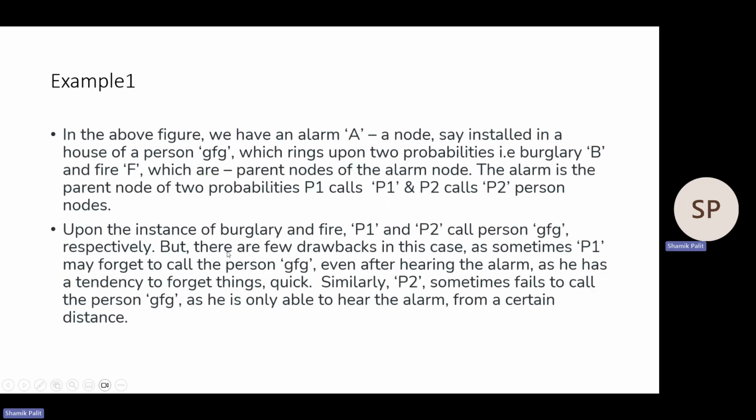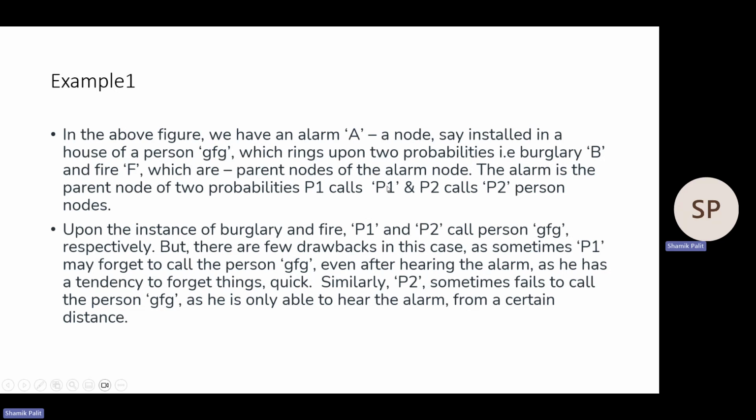As I already told you the scenario, basically here we have two specific nodes and there is triggering of the alarm because of two specific situations, either burglary or earthquake. And based on the triggering of the alarm, a particular person is going to give a call, and we have two instances over here. One is P1, another one is P2. But there are several subconditions being imposed over here.